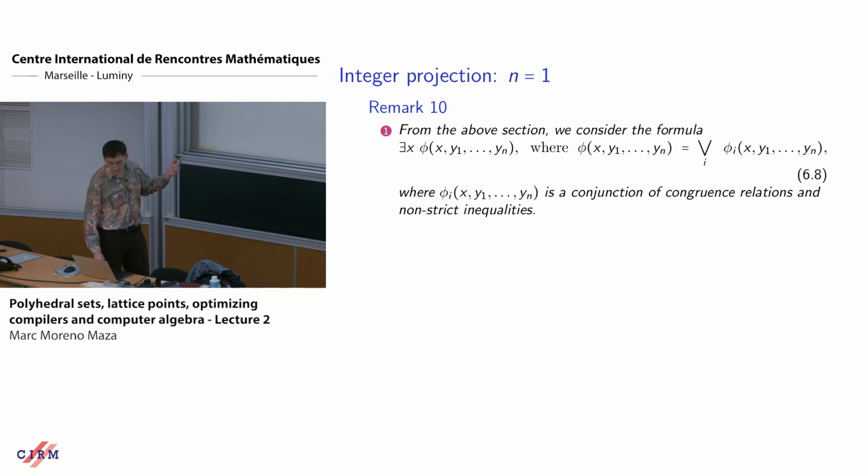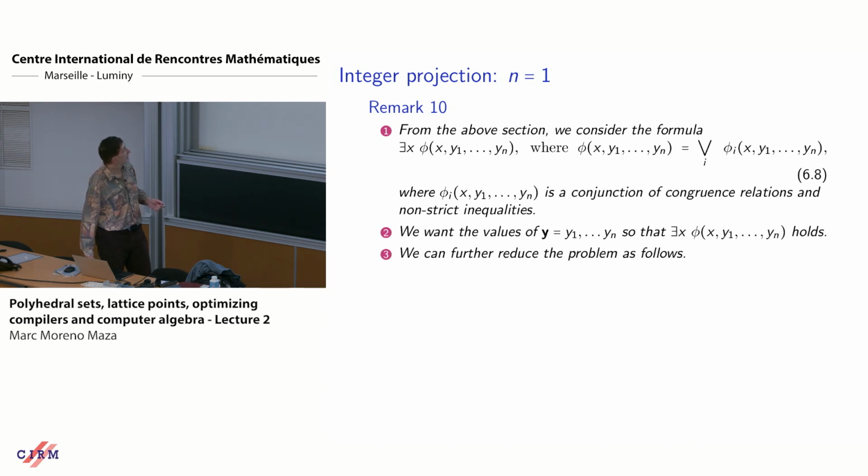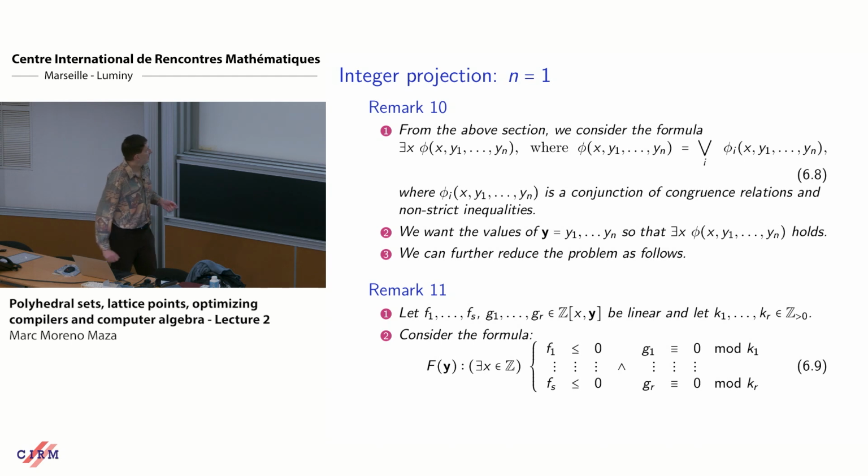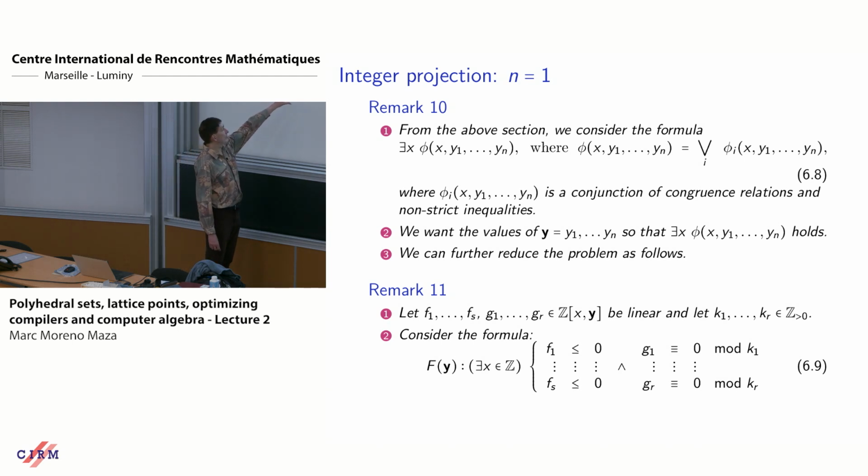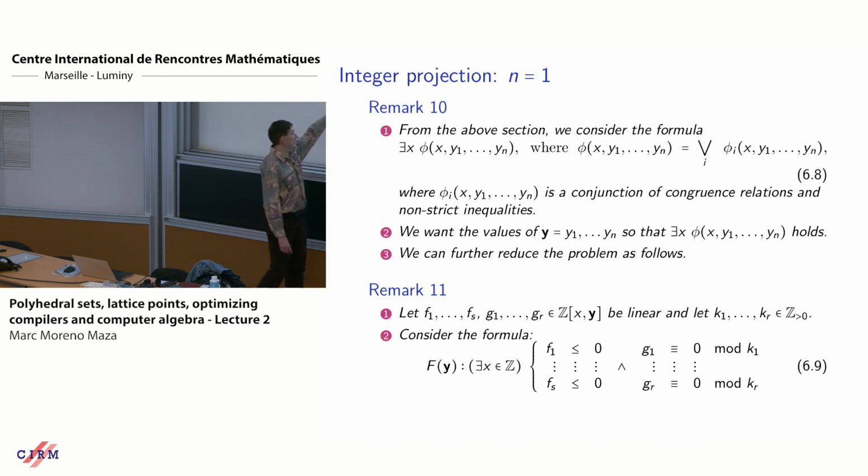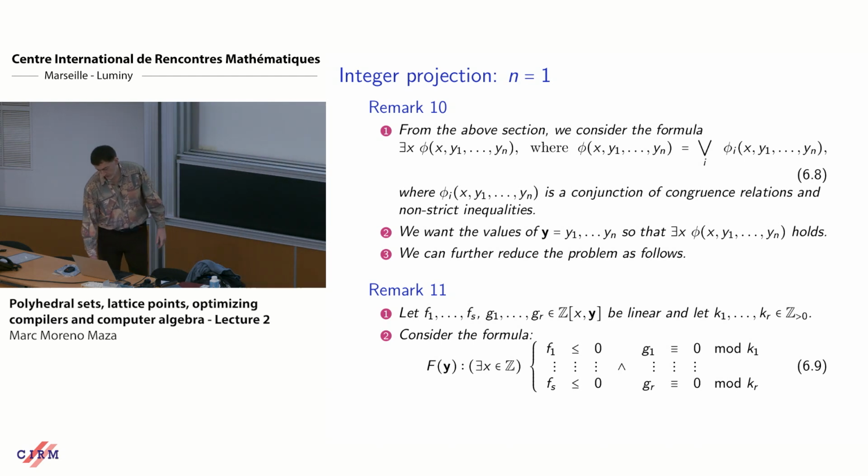The quantifier free formula is a disjunction of things that are made of inequalities and congruences. Okay, so now this is what we have to deal with. So find the values of y such that there exists an x, so that we have all these conditions satisfied.